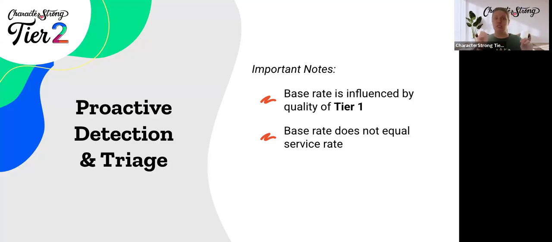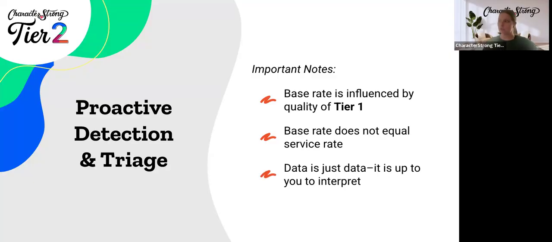We have to set some criteria to say, this is when a student is actually going to get tier two support. Also, data is data and you interpret it, right? You make that decision for students about whether they actually need tier two support or not. So that guide is really going to lead you through understanding what and who in our system is going to get tier two, and when they actually meet that criteria.